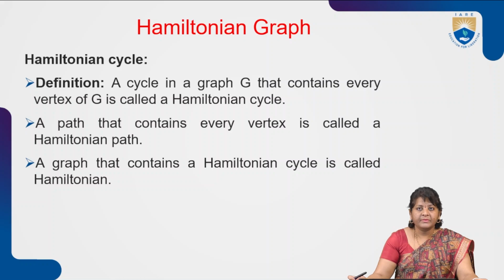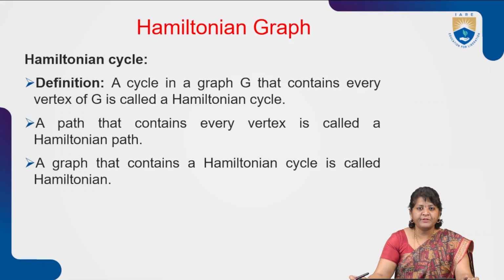Hamiltonian Cycle. A cycle in a graph G that contains every vertex of the graph is called a Hamiltonian cycle. And a path that contains every vertex is called a Hamiltonian path. A graph that contains a Hamiltonian cycle is called Hamiltonian.